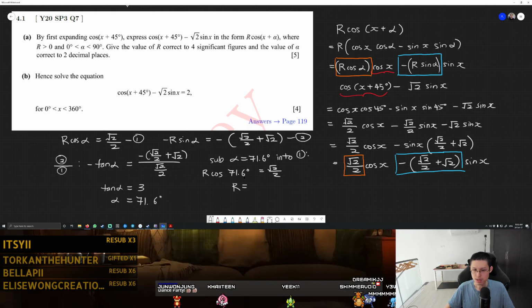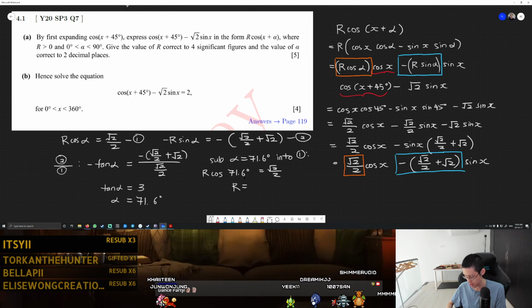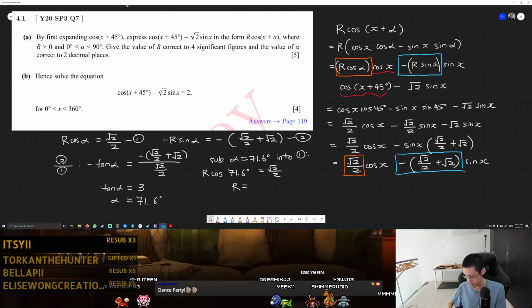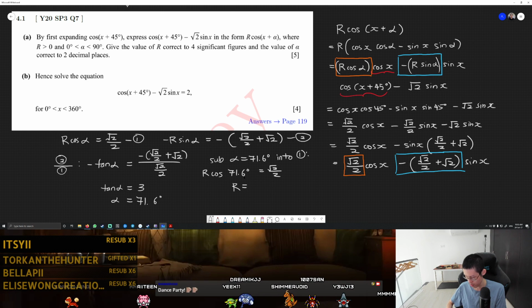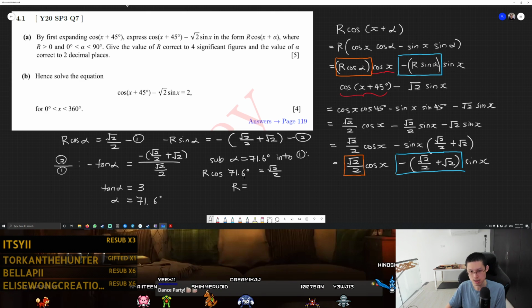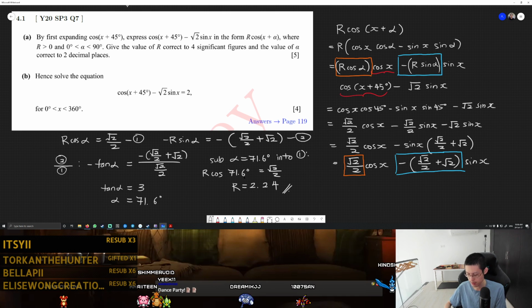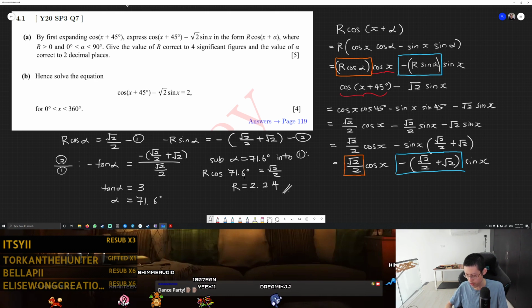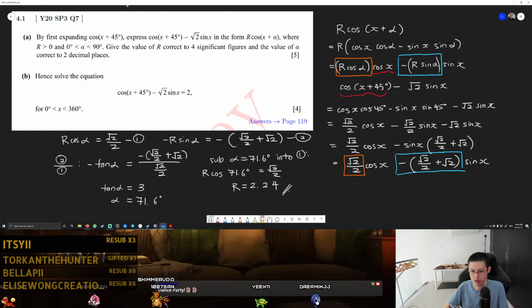Okay, so r is going to be equal to cos of the answer, and then we take root 2 over 2 divided by the answer, which gives us 2.24. There. R has to be correct to 4 significant figures. So hang on, let me just change this. So this should actually be 2.236 for SF.